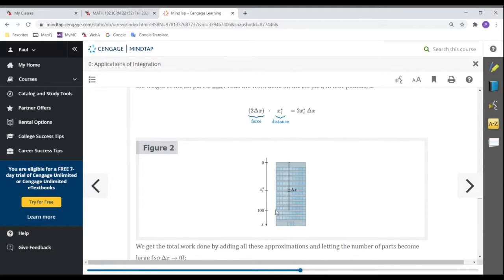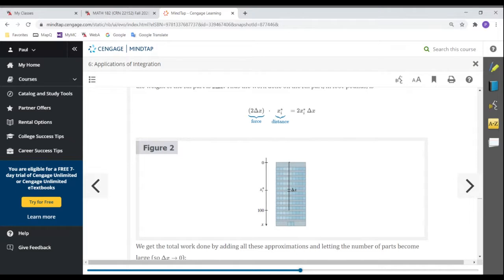The idea here is we're going to take this cable and break it up into different little pieces of cable. So you see, the work needed to lift the entire cable up to the top of the building would be equivalent to the work needed to bring up each little piece of cable up to the top of the building separately.